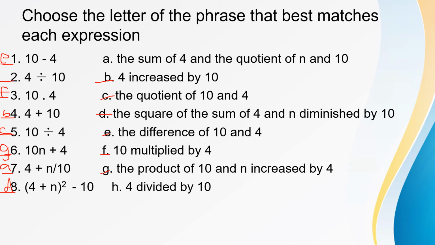So, this is it, no? Letter H. Okay. We don't have A yet because it is at the end, no? The sum of 4 and the quotient of n and... here it is. Okay, here. Complete.